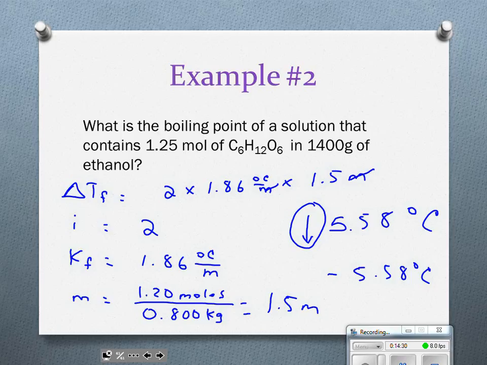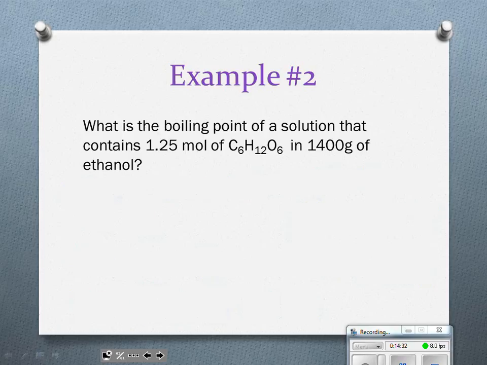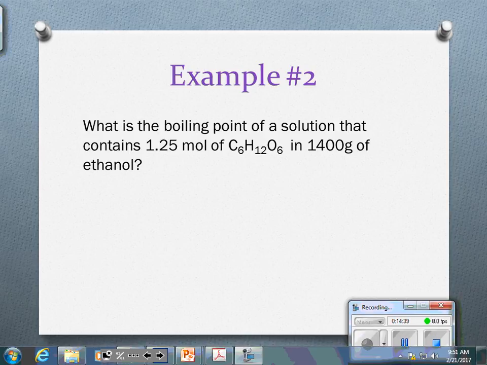Now let's look at another sample. And I'll give you a second to write that one down. Now, people, with this one, we are dealing with the change in the temperature of the boiling point.